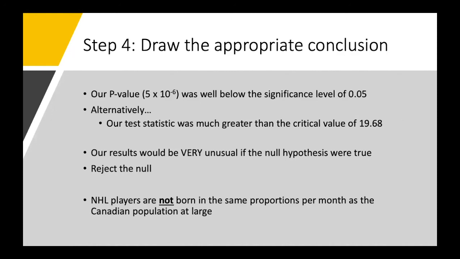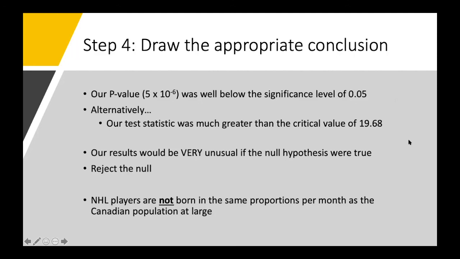These tell us that our results would be very, very unusual if the null hypothesis were in fact true. And so instead, we make the parsimonious conclusion to reject the null hypothesis and accept our alternate hypothesis.